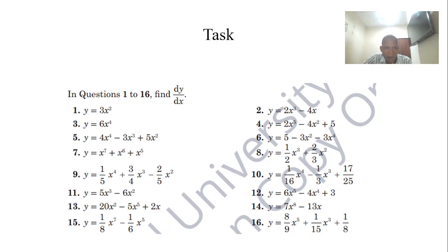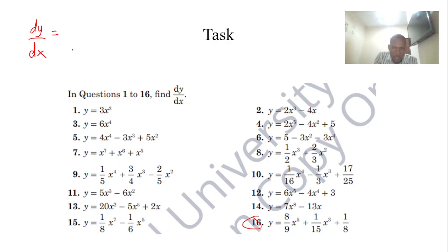All right, so I'm going to pick one question from here to solve. Let us solve number 16 together. So I have this. Now my dy all over dx, which means the derivative of y with respect to x, is going to be, you have 8 over 9 x to the power of 5.